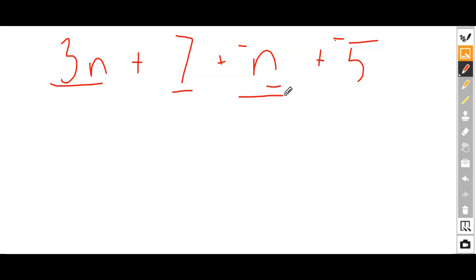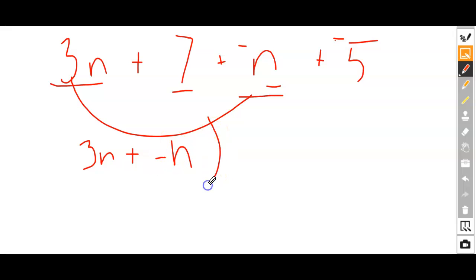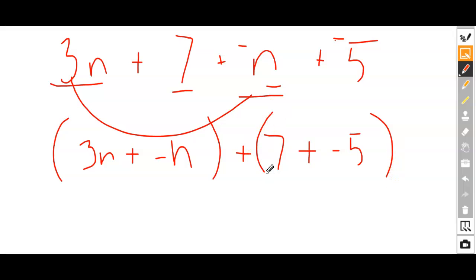3n plus negative n. And it might even be easier to rewrite it like this: 3n plus negative n plus 7 plus negative 5. If you rewrite it, then it kind of helps you see what you got to put together. 3n plus negative n. Well, there's an understood 1 in front of that.